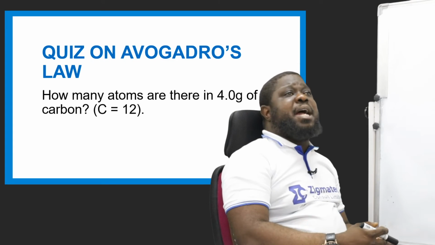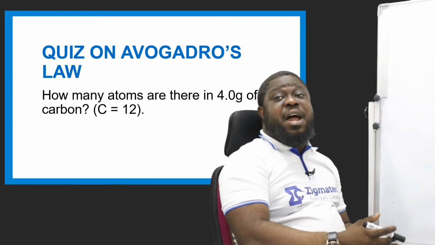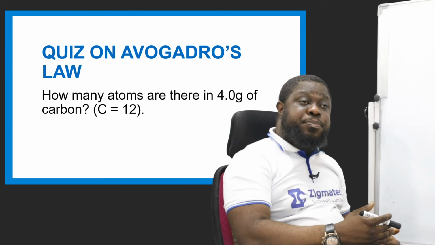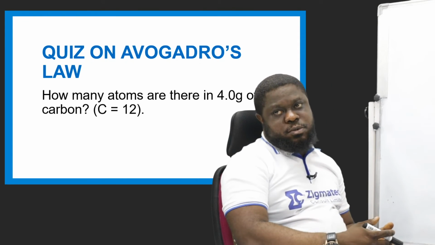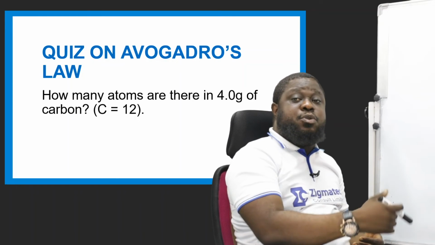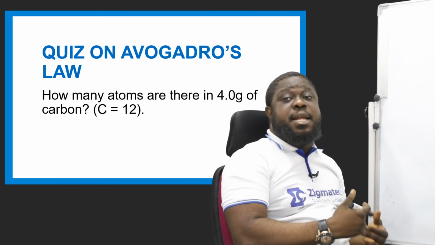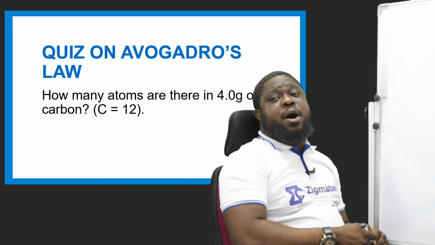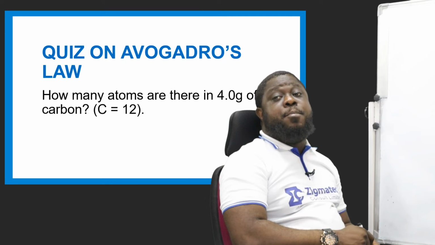Remember when we talked about the mole formula, when we talk about chemical formulae and equations, when we change these things in moles to grams. I talked about that. So now the carbon is 12, its molar mass is 12.